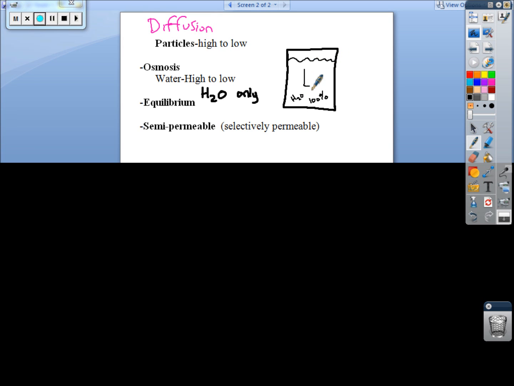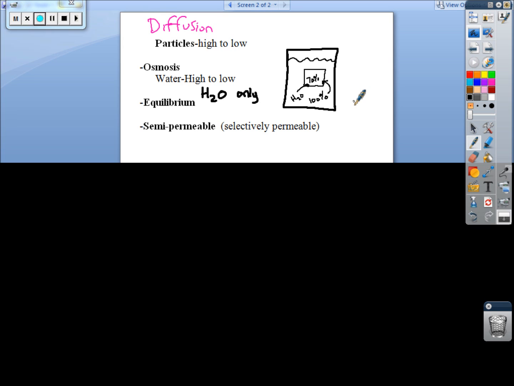And inside that baggie, it's 70% H2O. What's going to happen is, because of osmosis, and as long as the baggie allows the water to do this, some of this water is going to go into that baggie because it wants to have the same concentration. Because the outside of the bag is 100%, the inside is 70. This is the lower concentration, so the water goes in.